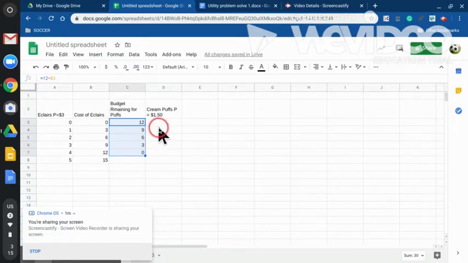All right. And then to find out how many cream puffs that associates with, I'm going to divide that number by $1.50. And as I do that and copy that down, I will now get my total number of cream puffs that can coordinate with my budget.